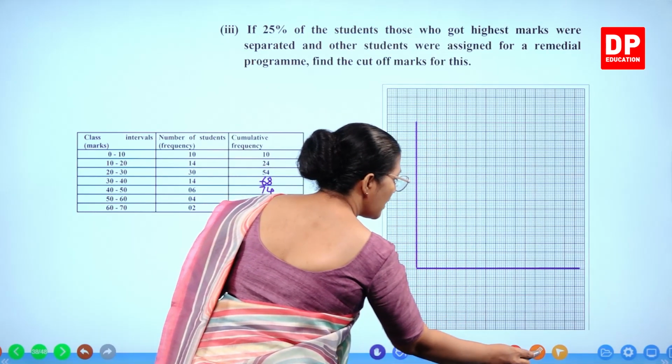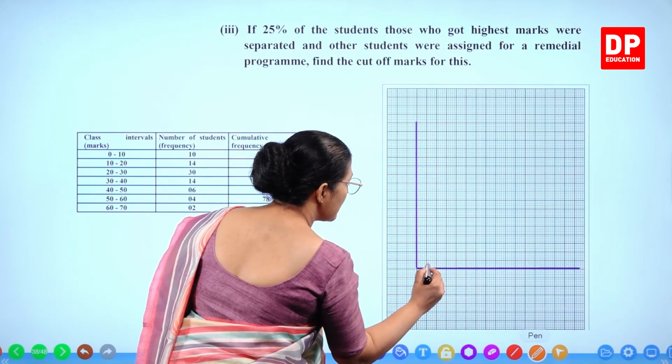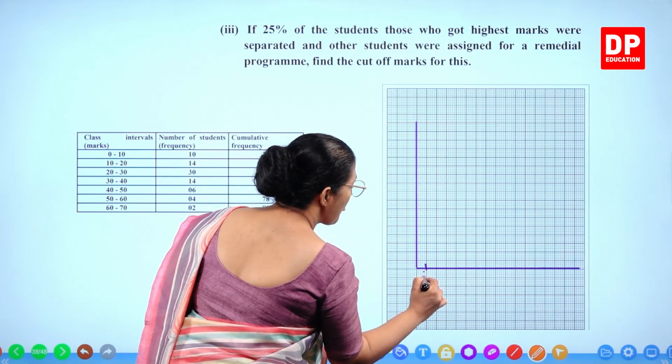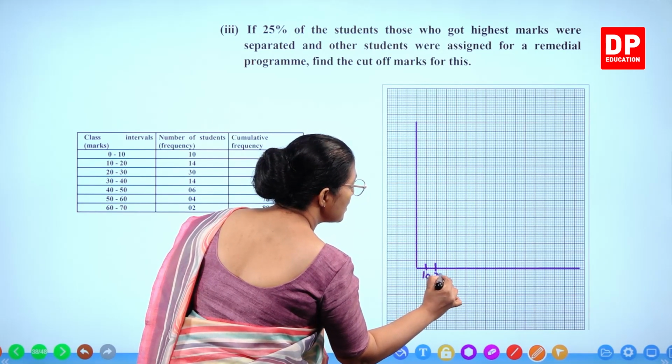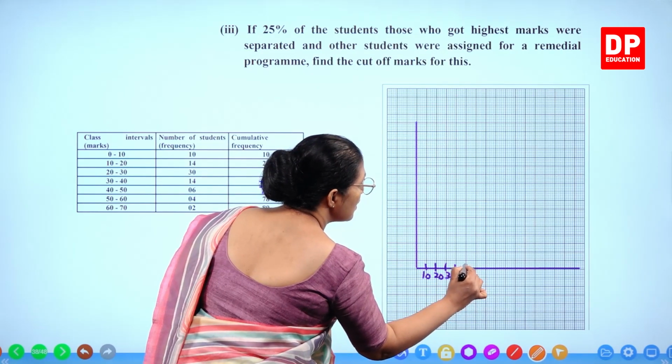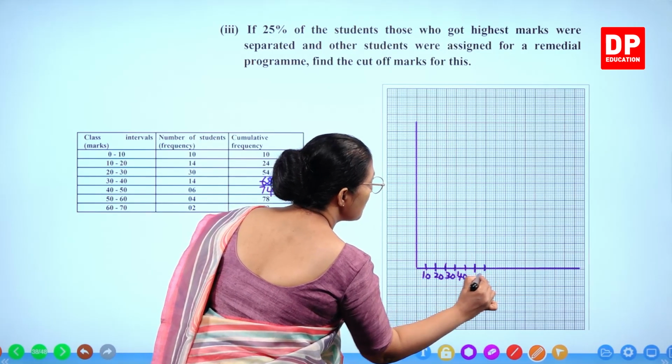So on this axis we'll take 10 for each square: 10, 20, 30, 40, 50, 60, 70.